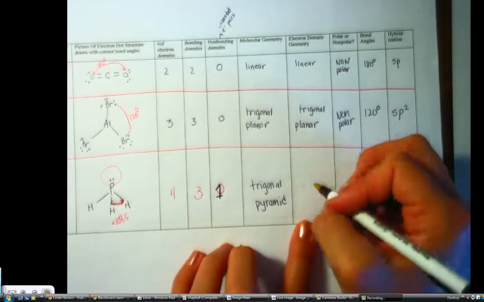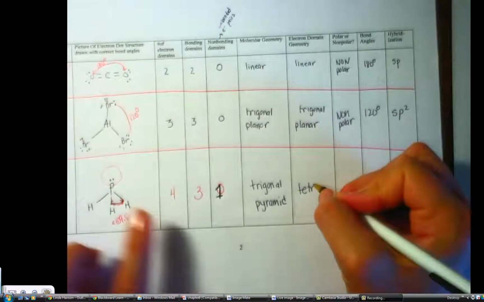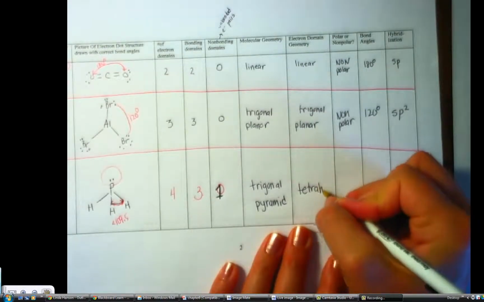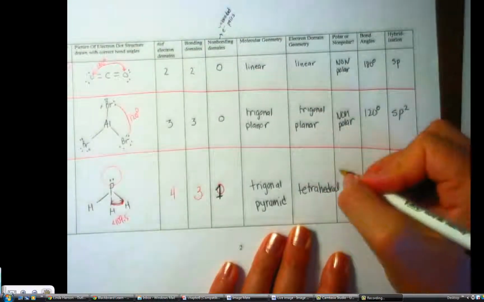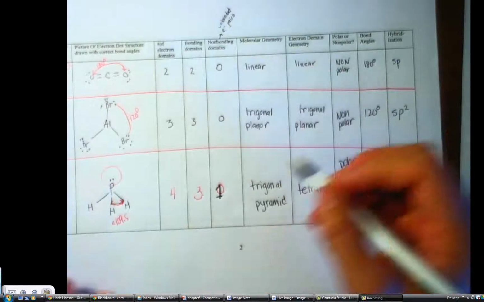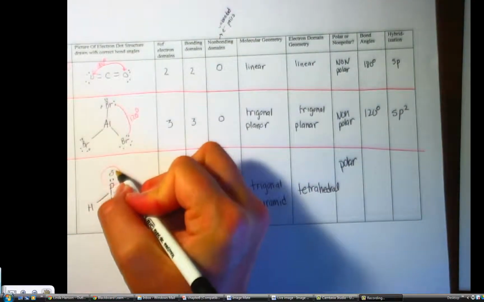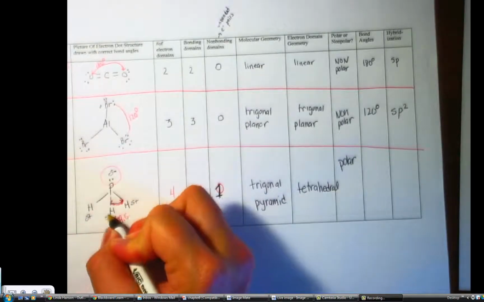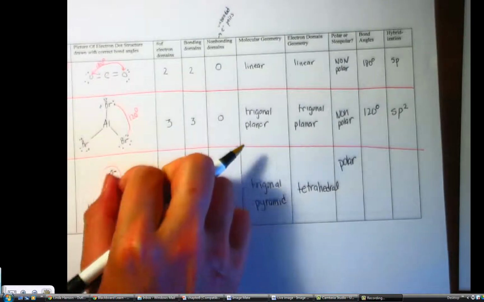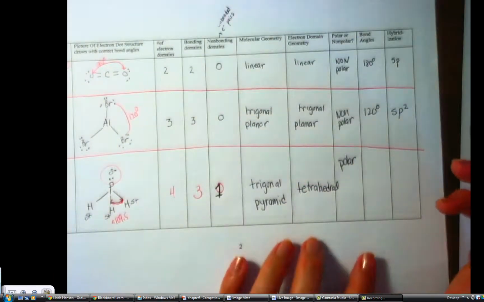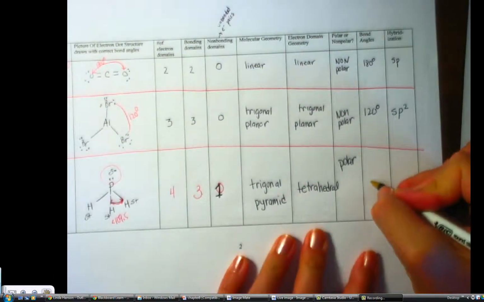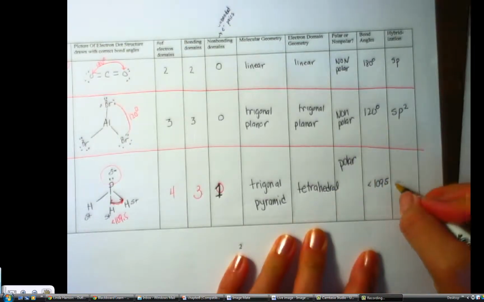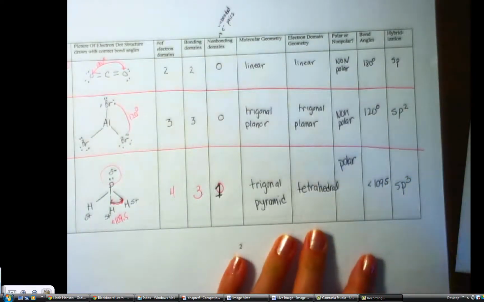With 4 domains, it is a tetrahedral electron domain geometry. This molecule is polar. The area up here would be partially negative, and each of those hydrogens would remain partially positive. The electron density is getting pulled toward the top of the phosphorus. The bond angles we said would be slightly less than 109.5, and it has sp3 hybridization.